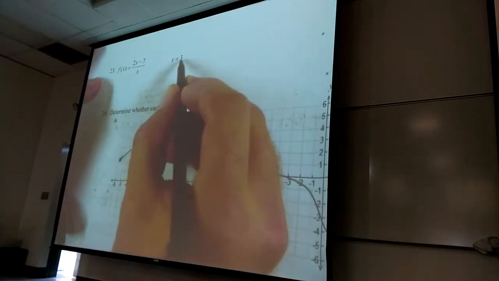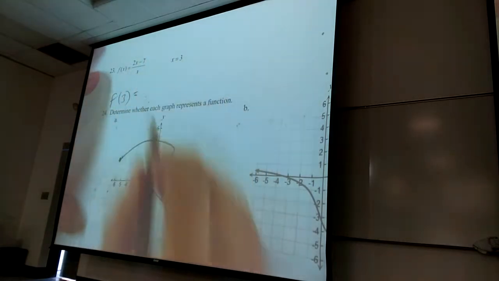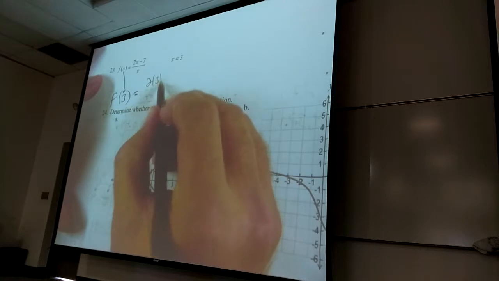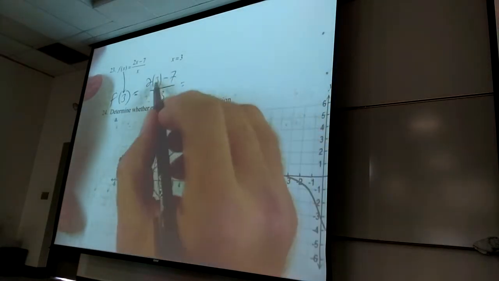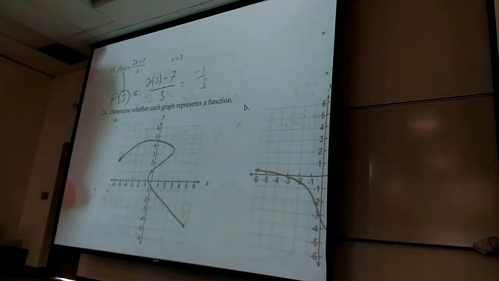What do you get when you plug a 3 in? You just replace all the x's with 3. So you get 6 minus 7 is negative 1 over 3. What is a point that that function goes through if I graph it?